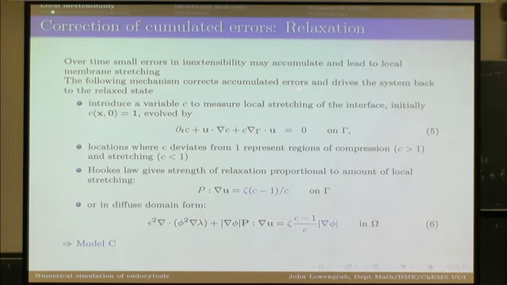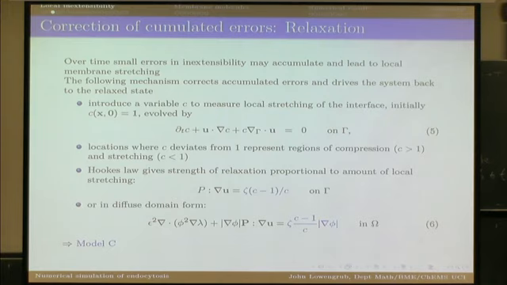It's well known that if you have small errors and you want to compute for a long time, they will accumulate. So what we did to try to get rid of accumulation is to introduce a relaxation. So every time the system, by numerical error, essentially deviates from being inextensible, we wanted to introduce a force to push it back. And one can do that in a kind of straightforward way like this.